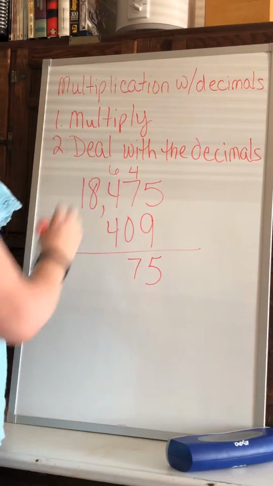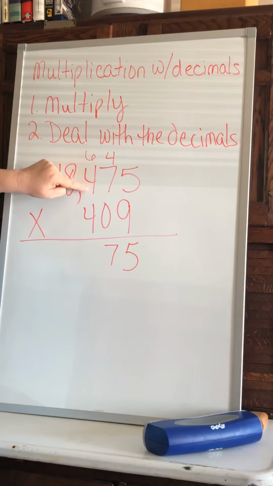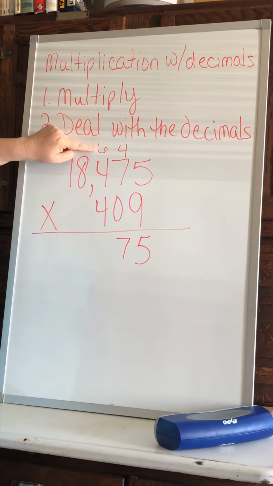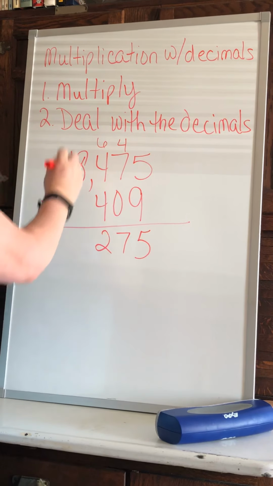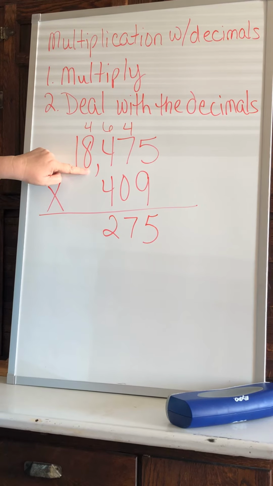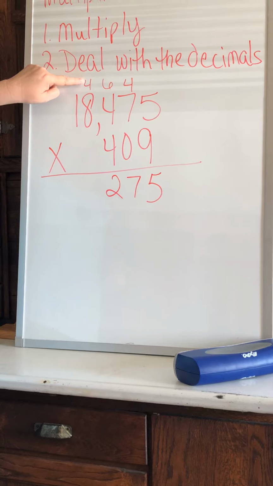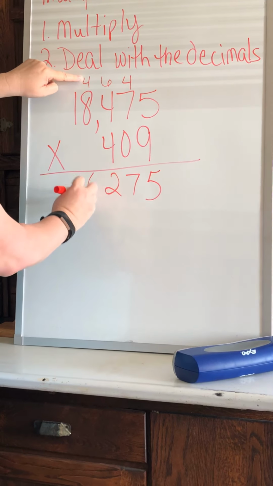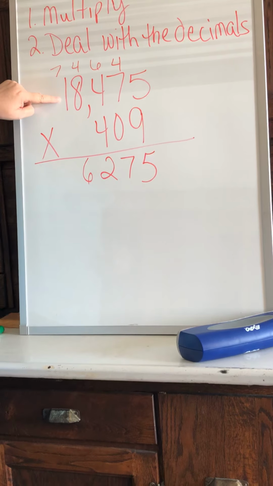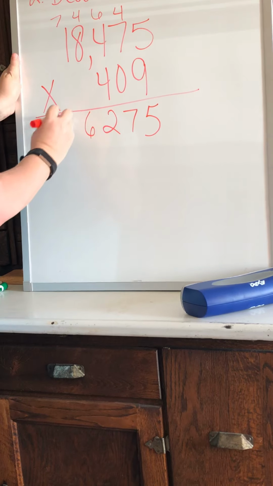Carry that 6. 9 times 4 is 36. 36 plus 6 is 42. Carry that 4. 9 times 8, 72. Now 72 plus 4 is 76. Carry that 7. 9 times 1, 9. 9 plus 7 is 16.